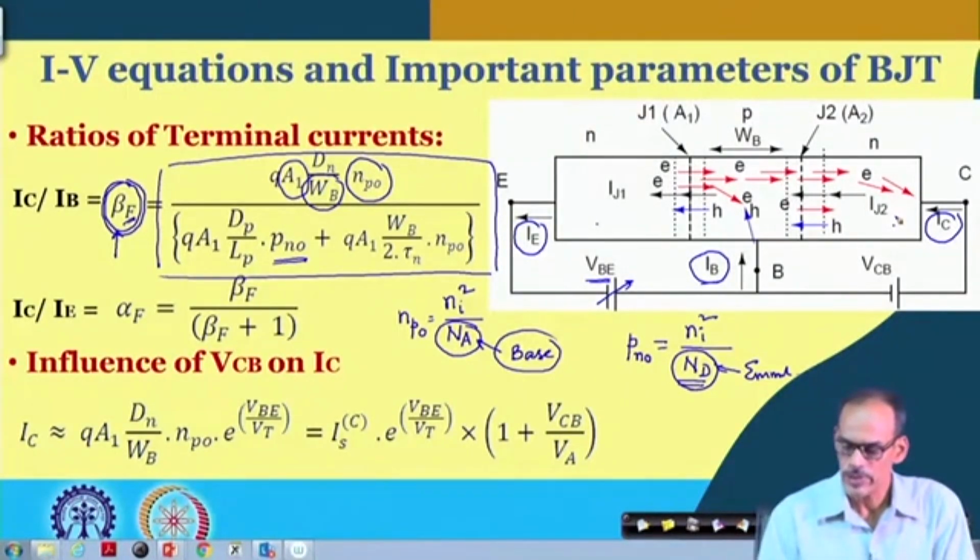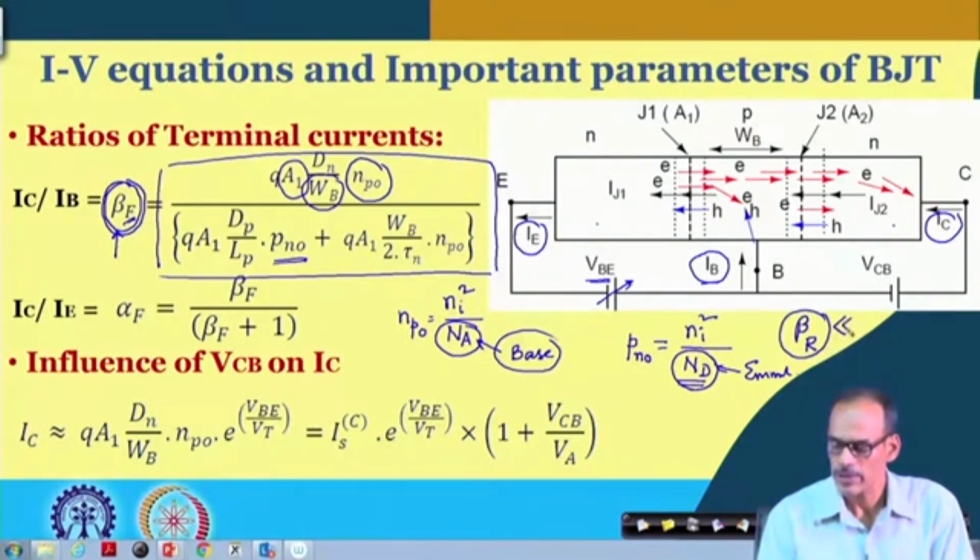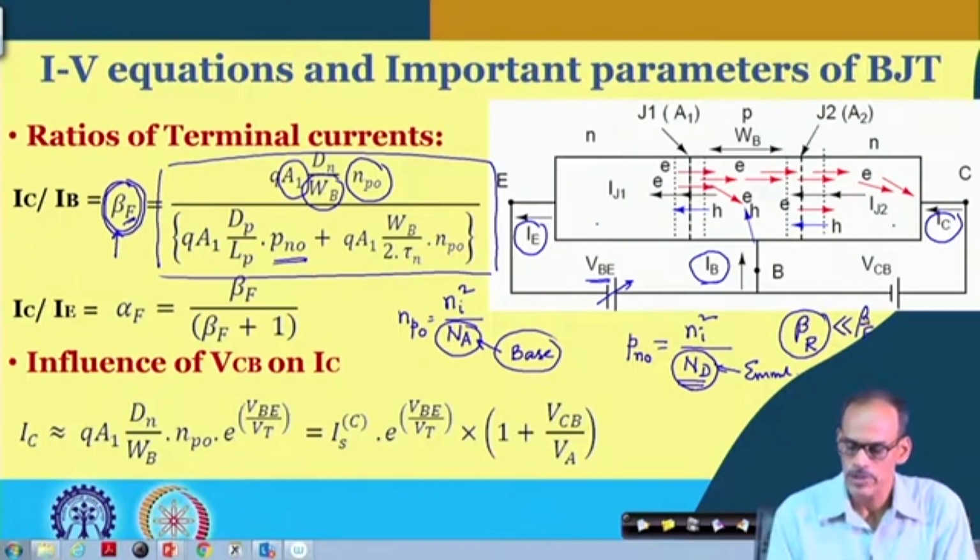As a result, whatever current gain we get in that case is also called beta, but it is in the reverse direction, and it may be much smaller than the forward direction beta. So while using the device in our circuit, we should understand that the emitter should really be used as an emitter, and likewise the collector.